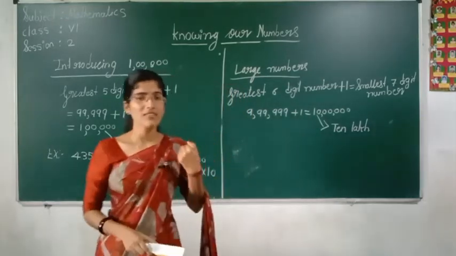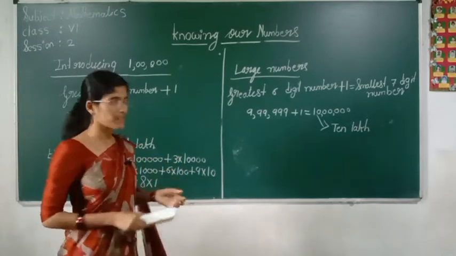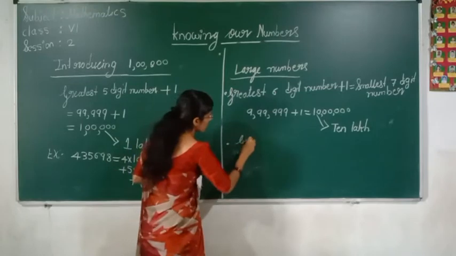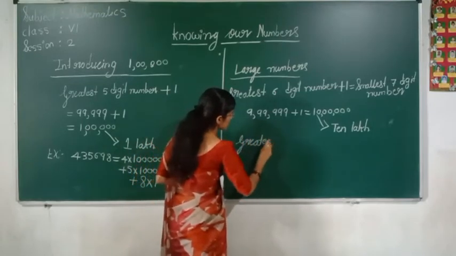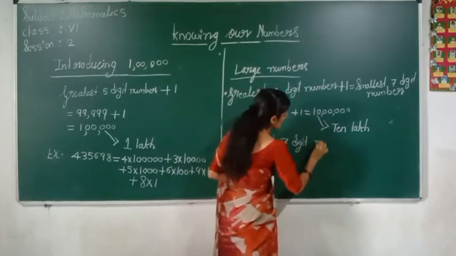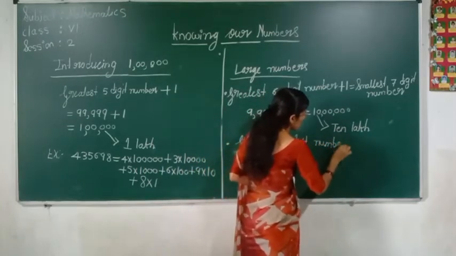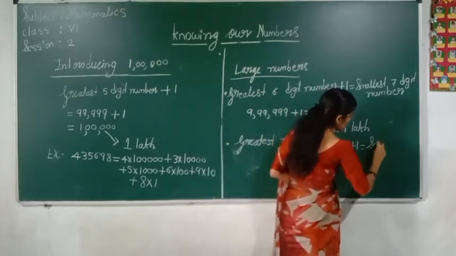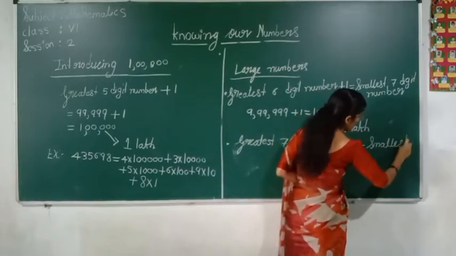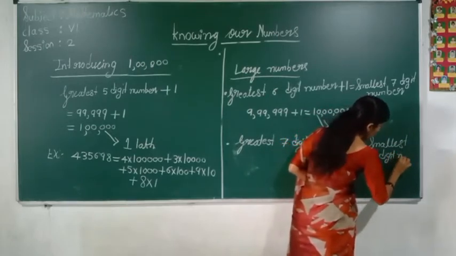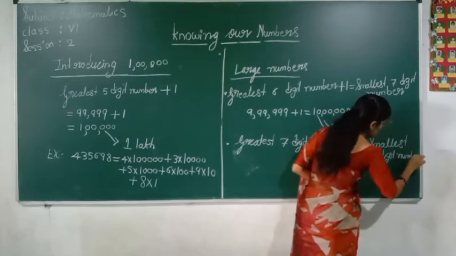So again I will continue the pattern. See here, greatest 7-digit number plus 1, if I do, I am going to get the smallest 8-digit number.